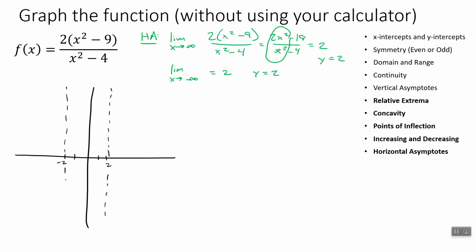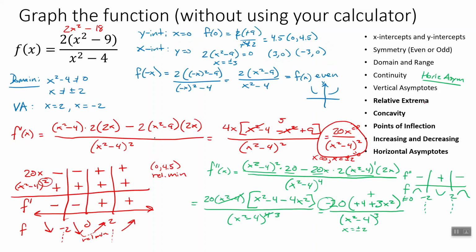Not so easy to line it up here with my little tablet. Let's see, what other things do we have? We've got horizontal asymptotes at 2 on both sides. So there's 2. I don't need to put that in the middle, but as we go towards infinity, on the outsides, we definitely want to draw that. We've got our vertical asymptotes and our horizontal asymptotes.